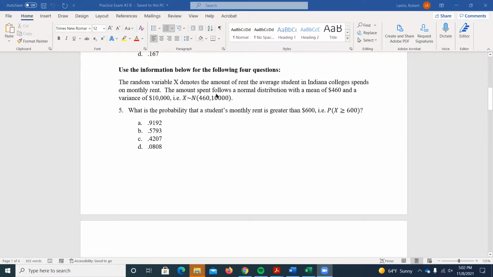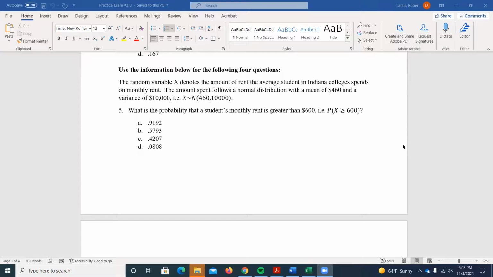So on problem 5, I'll probably do something like this. Different example, obviously. But I'm going to go all the way back to when we very first started, right after uniform distribution. We said, okay, let's just talk about variables that are normally distributed. So here I kind of used the amount a student spends on rent, right?